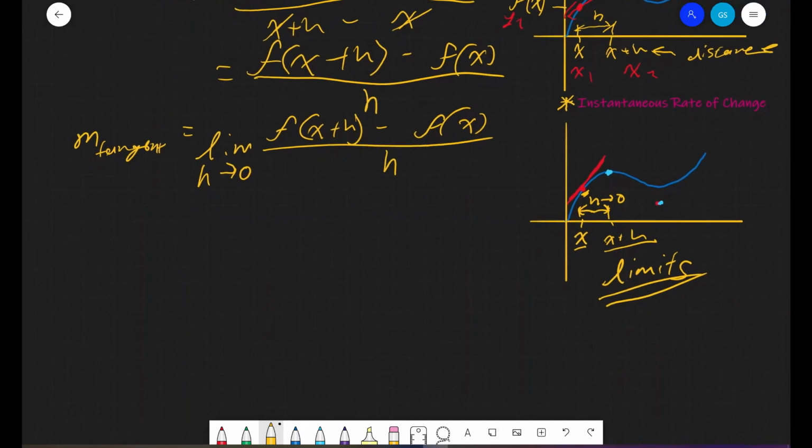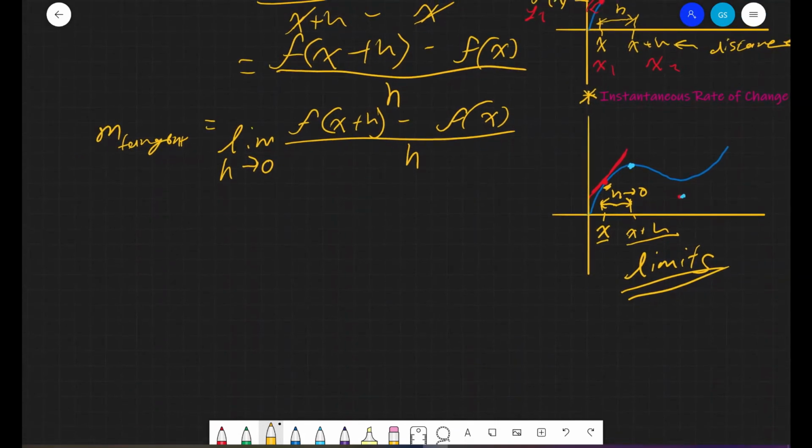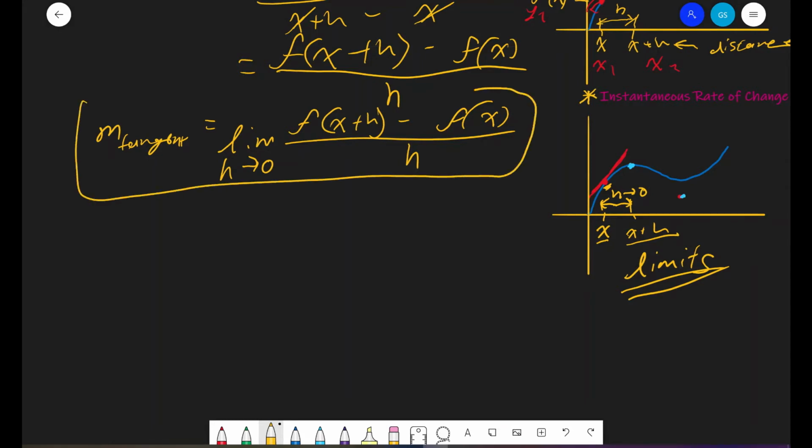But basically, when you use this formula here, and you don't substitute anything for x, and you get rid of your h's at the end through algebraic manipulation, you eventually get something called the derivative function.